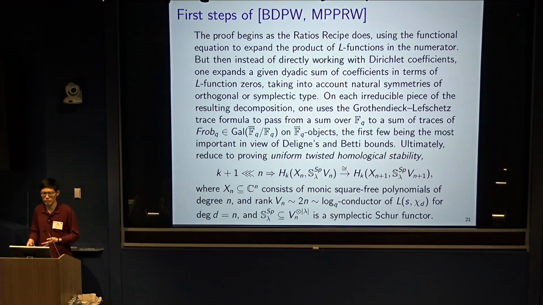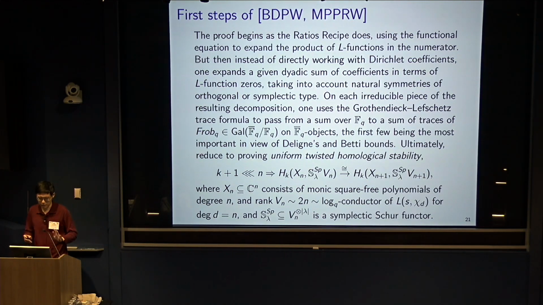The exact formula is a bit subtle. That's computed by this stable homology work of Bergström, Diaconu, Petersen, and Westerland. But actually the main point is that it stabilizes. And the fact that it stabilizes means that you can get some kind of limiting process, the same kind you use to define the arithmetic factor in the ratios recipe. So the point is this homological stability verifies the ratios recipe, at least to some extent.